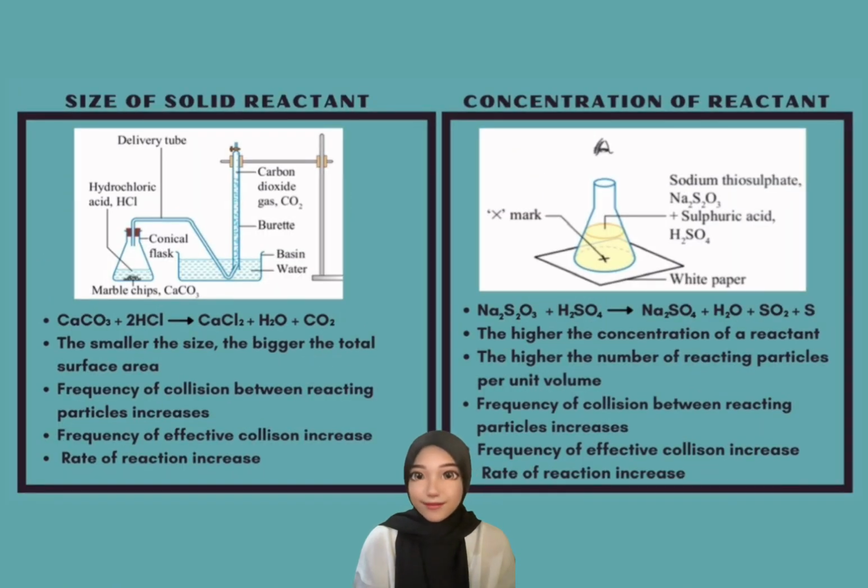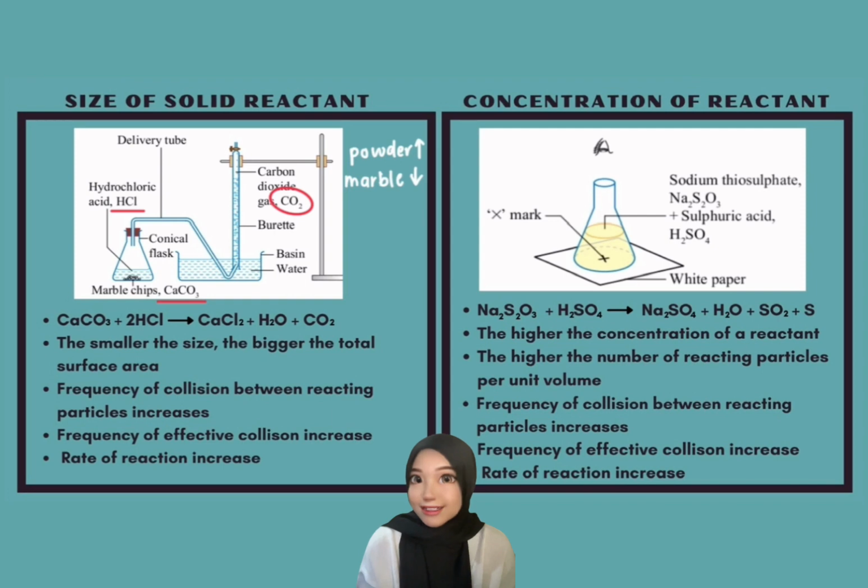Let's talk about the first factor, which is the size of solid reactant. For this factor, we usually take this experiment as a reference, where we use marble chips of calcium carbonate and powder calcium carbonate and add hydrochloric acid to both to liberate carbon dioxide gas. The rate of reaction for the experiment using powder calcium carbonate is higher than the experiment using marble chips.